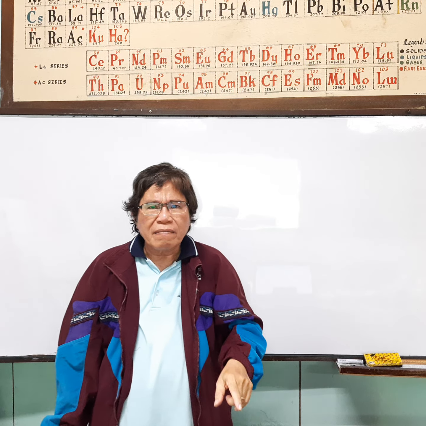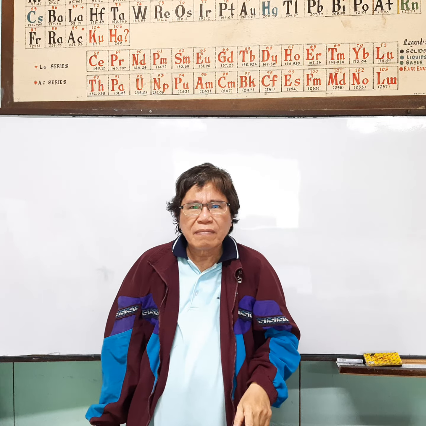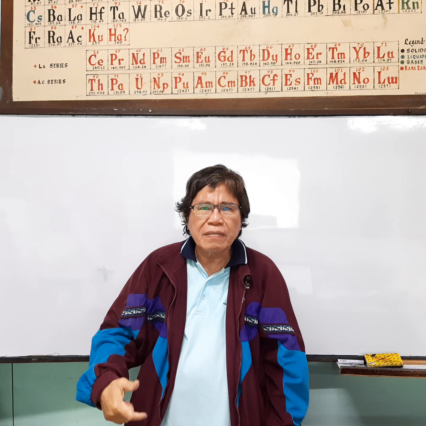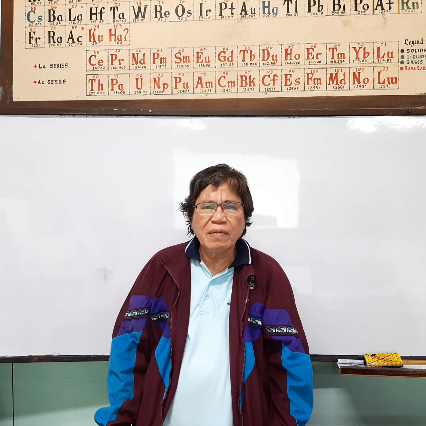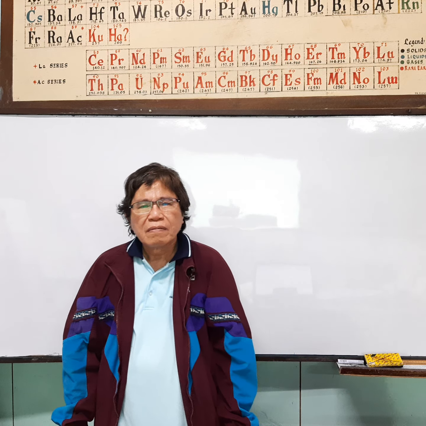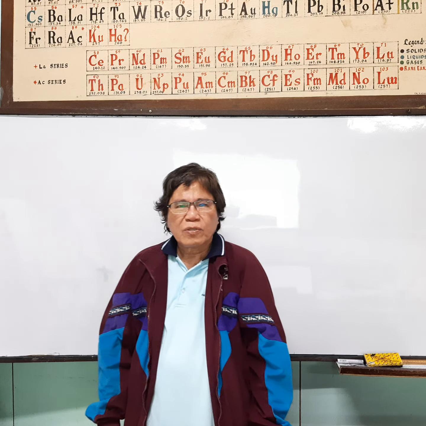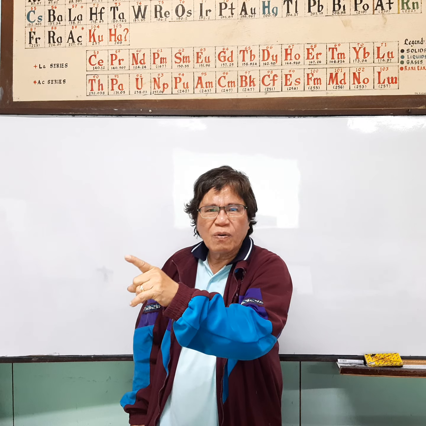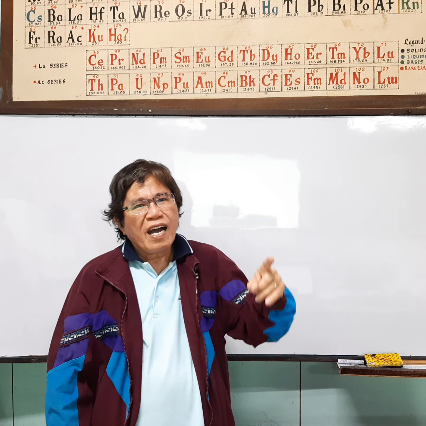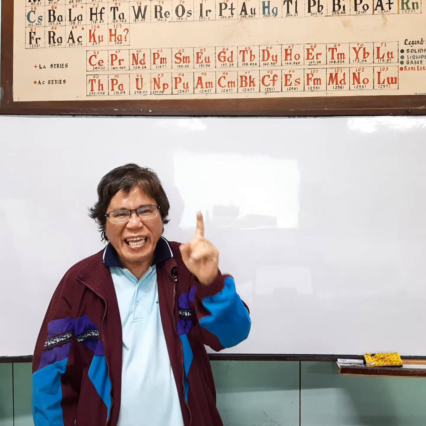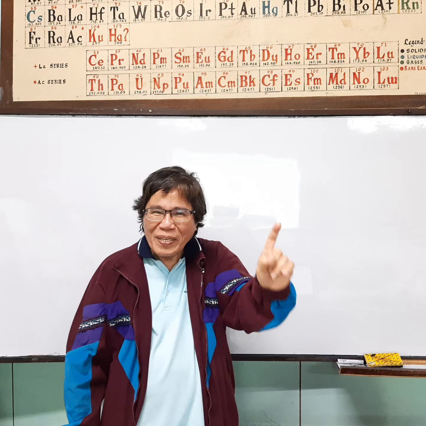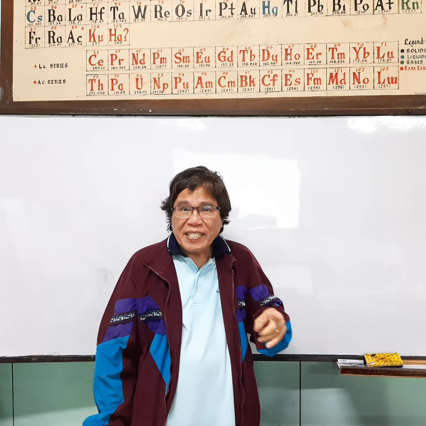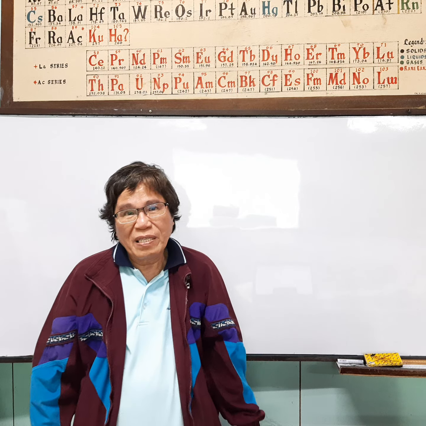Light coming from the sun, traveling with that speed toward the earth, will reach the earth in 8.3 minutes. So the distance traveled there, we call light minutes, 8.3 light minutes. That means light travels for 8.3 minutes.